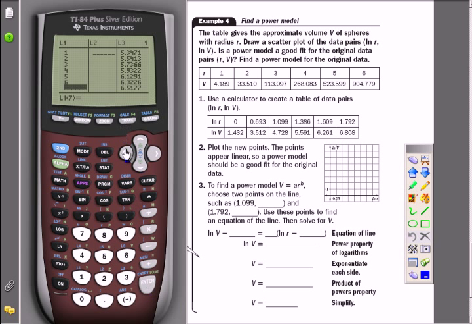And go to list 2, and in list 2 we have 4.189 and 33.51. And if you mess up even one of these numbers as you're doing it, it's going to cost you. So you really don't want to mess those numbers up.